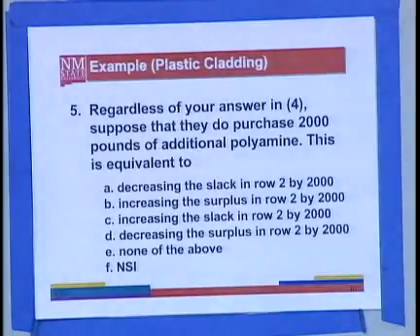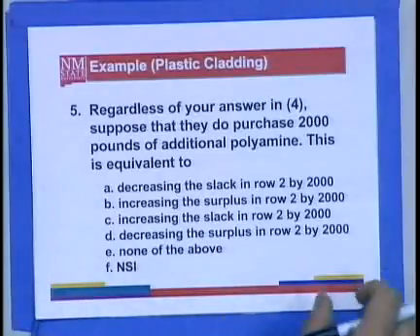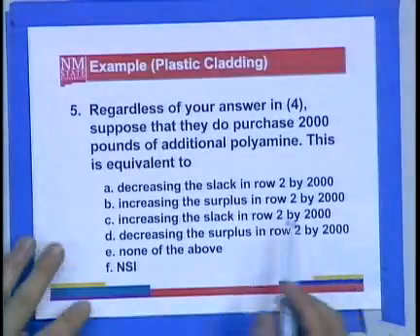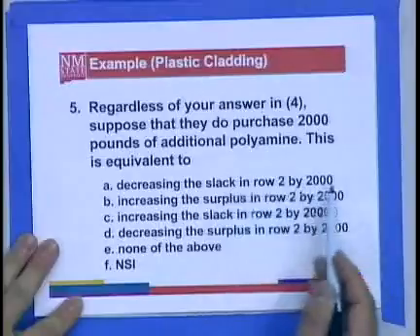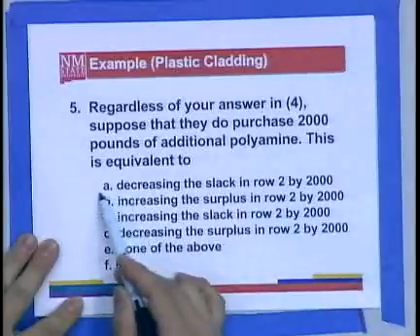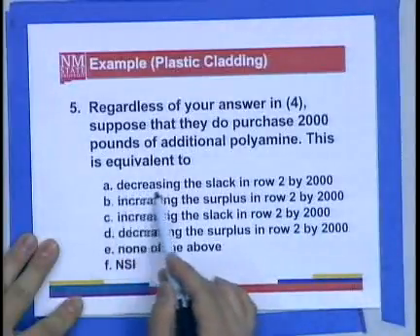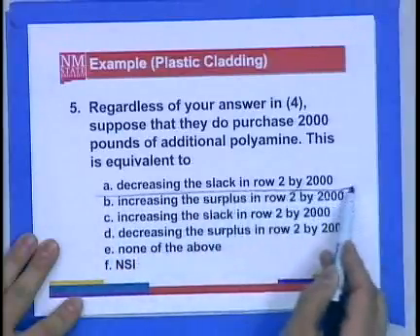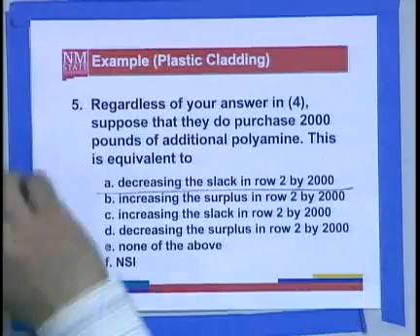I think we've already answered this question in the previous question number 4. We've learned purchasing 2,000 pounds of additional polyamine is equivalent to decreasing the slack variable. So the answer is decreasing the slack in row number 2 by 2,000. Is that right?